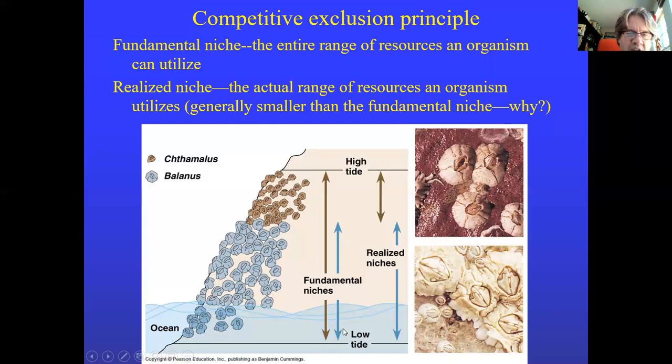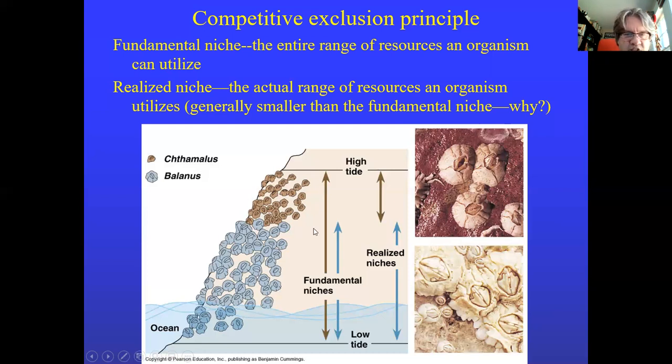If you put them both together now in competition, the Balanus will exclude by competitive exclusion the Thamylus species, and these guys will be left only able to use resources in the niche in which they're not in competition directly with Balanus, because Balanus cannot actually colonize this area, it's too high, right? So Balanus only is down here and the Thamylus is up here. Well, they can coexist only because Balanus is localized down here and cannot reach up this high, right?